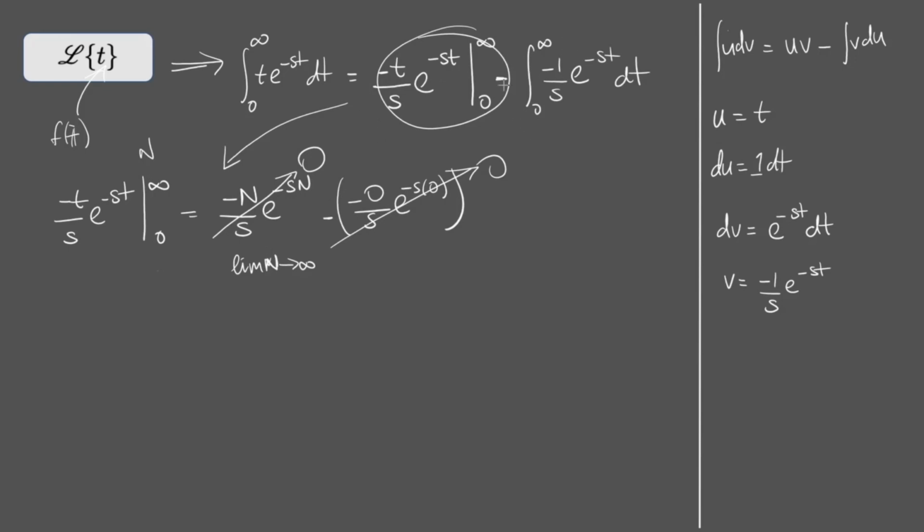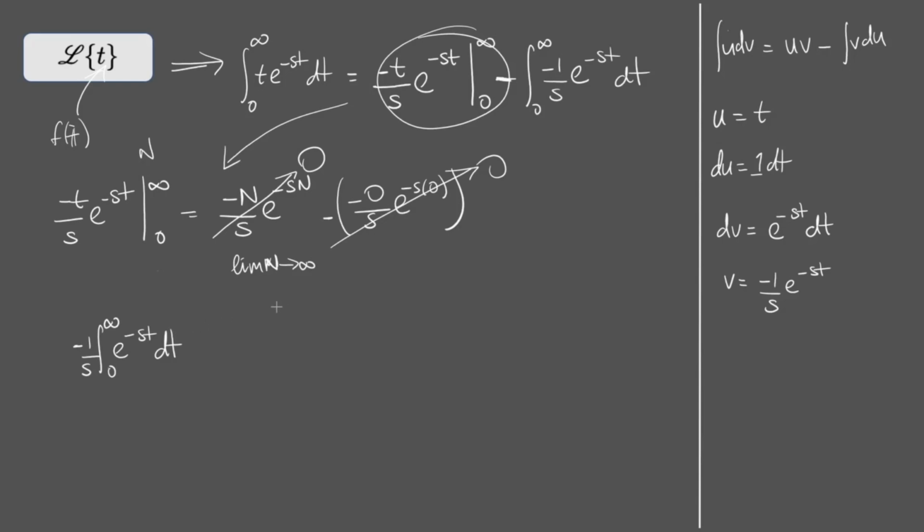All we're left with is this minus sign, then our integral. So we can bring out minus 1 over s. That's minus 1 over s times the integral from 0 to infinity of e to the minus st dt.